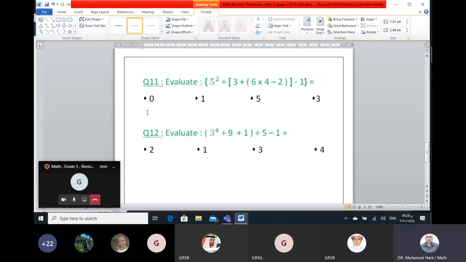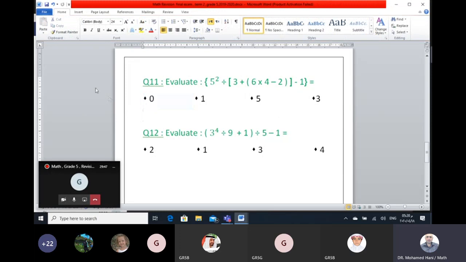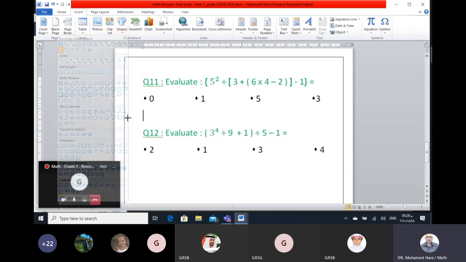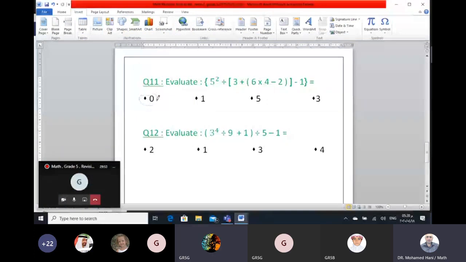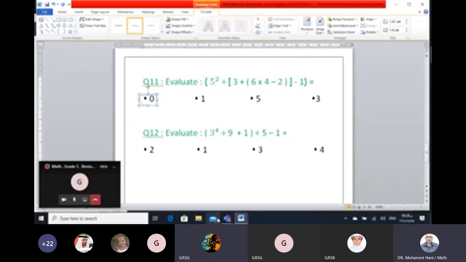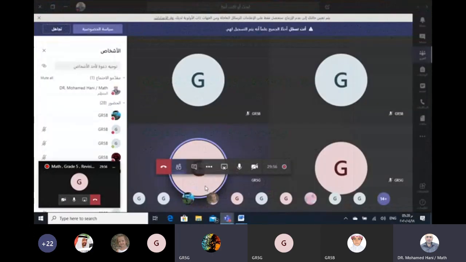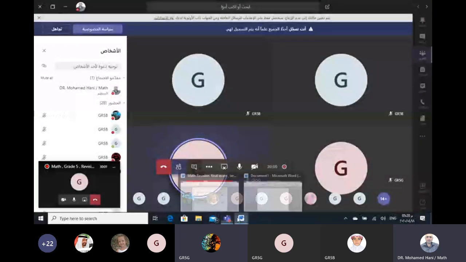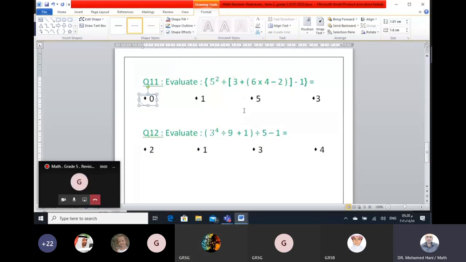The right answer will be 0. Why? Listen. The order: parentheses first. Inside the parentheses we have multiplication and minus.